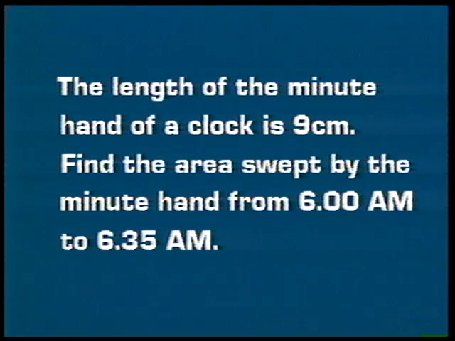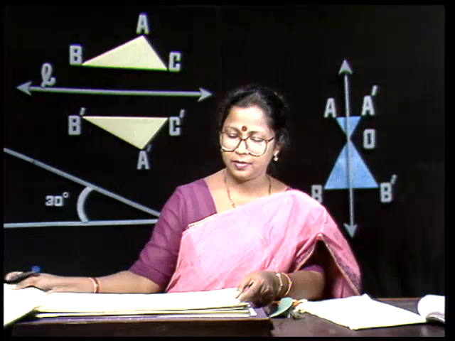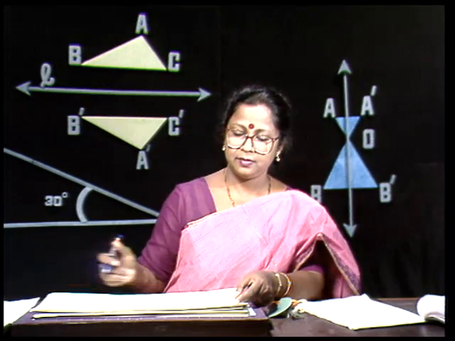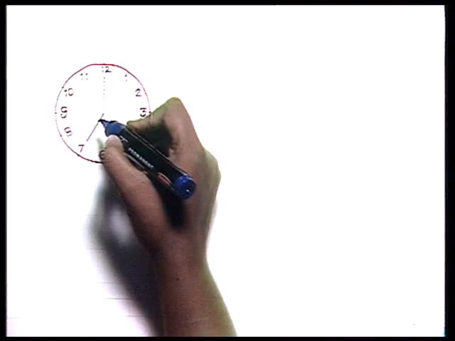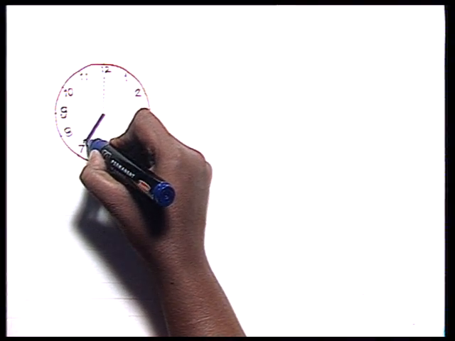The length of the minute hand of a clock is 9 centimeter. Find the area swept by the minute hand if it moves from 6 a.m. to 6:35 a.m. Now, here is the clock, and suppose this is the minute hand of the clock.